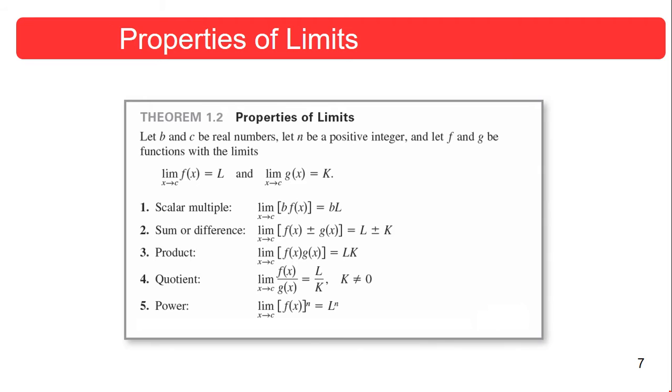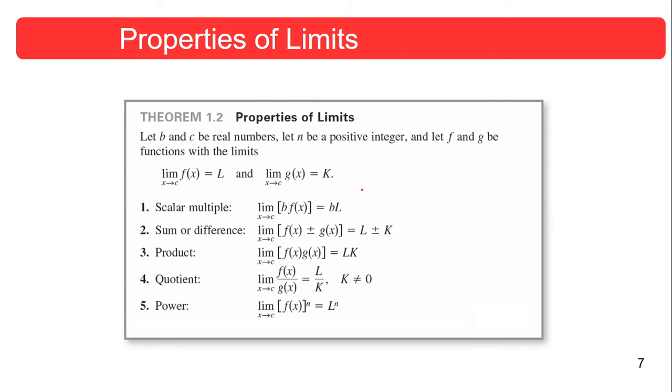Okay. So this one, you might want to pause the video, kids, and write down some of this because this is really kind of important for what we're doing. If we have some scalar multiple of f of x as x approaches c, we have the limit of f of x times that scalar multiple.